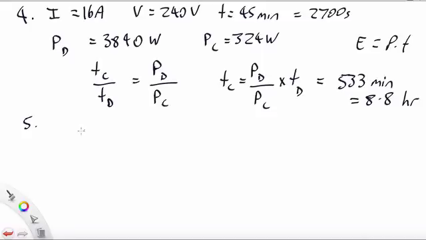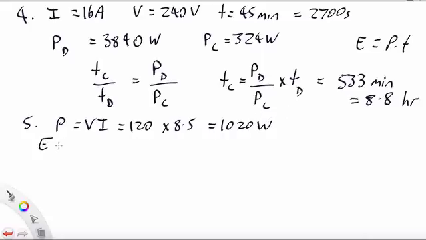And number 5, we have power equals VI, which is 120 by 8.5 equals 1020 watts. Energy needed to heat the water.